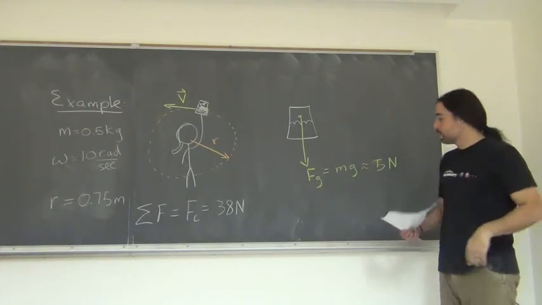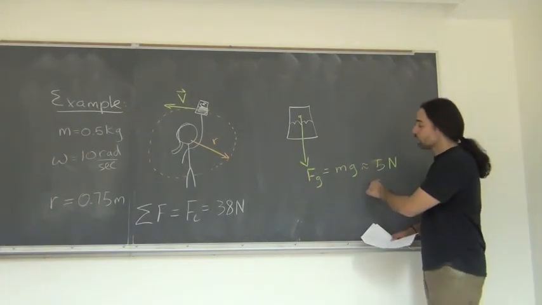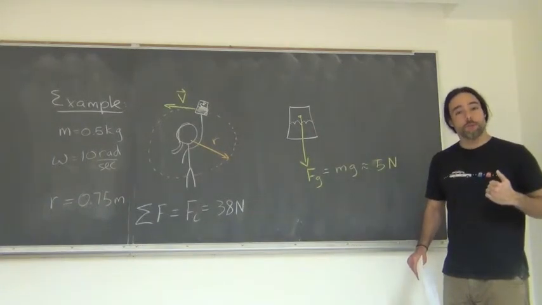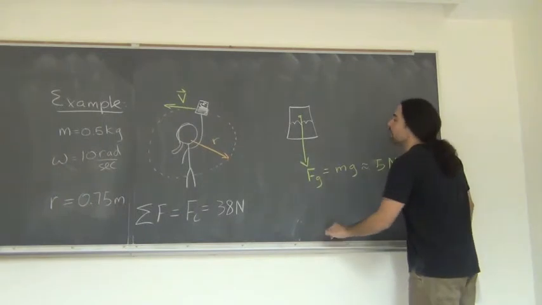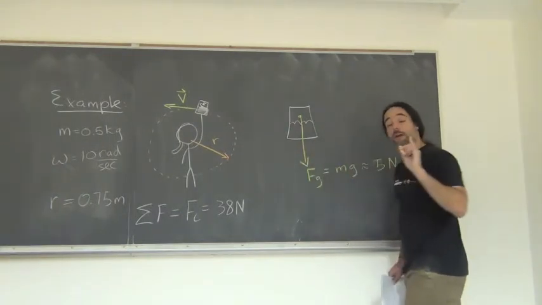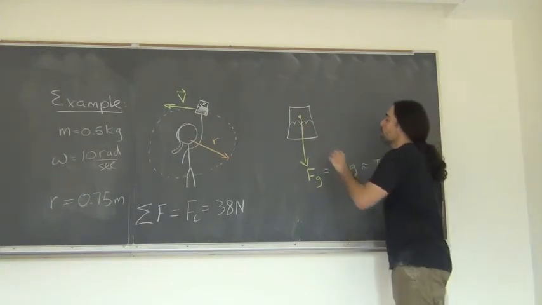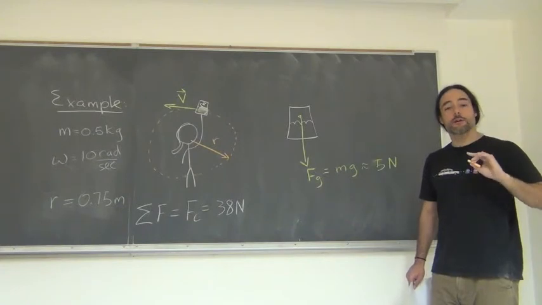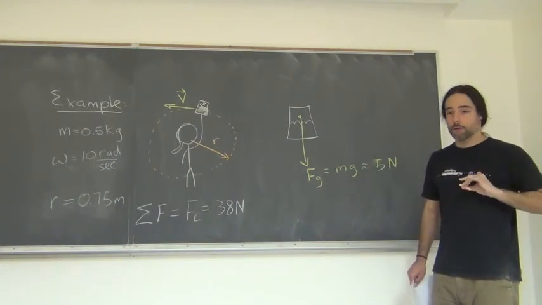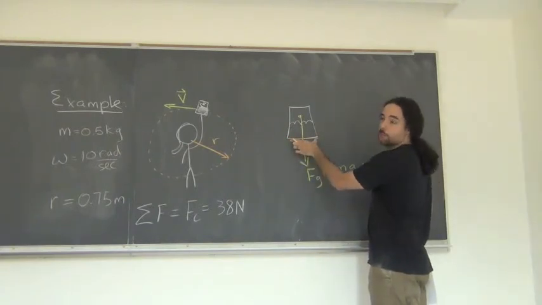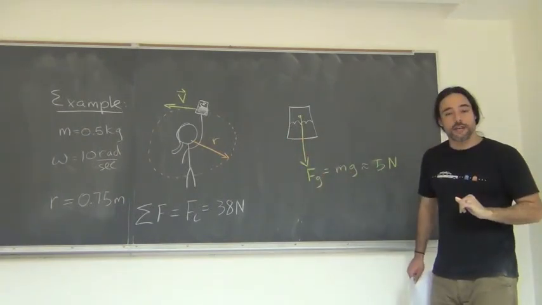Well, I still need a total of 38 newtons, so I need another 33 newtons to come in from somewhere. What's the only other force pushing on the water? Now when I say the water, I mean the water explicitly, I don't mean the cup. Well, it's not me, my fingers were gripping the cup, so I couldn't be pulling on the water per se.